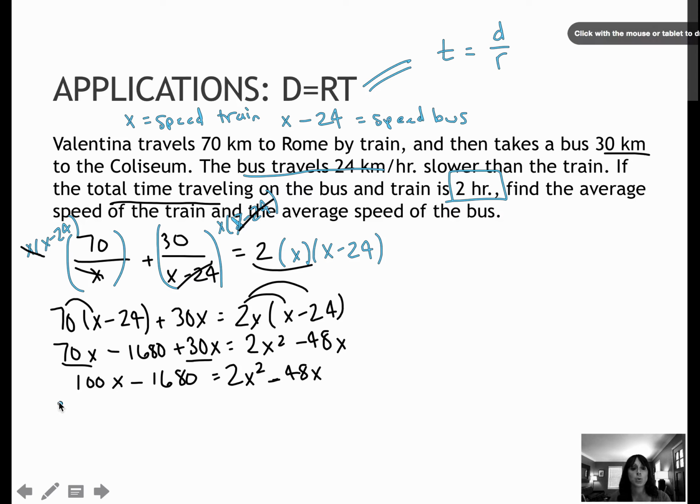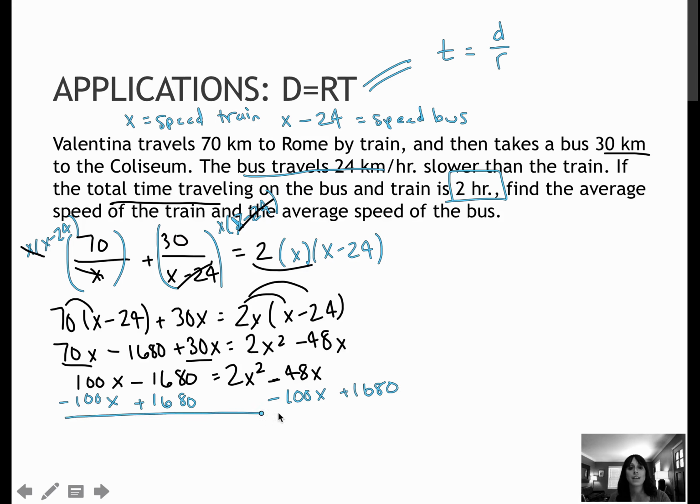So I'm going to subtract 100x from each side. I'm also going to add 1680 to each side, because that gives me on the left side nothing. On the right side, I have 2x squared minus 148x plus 1680.